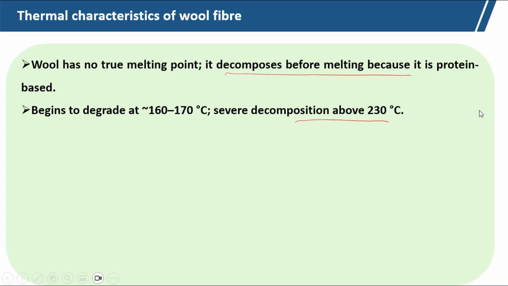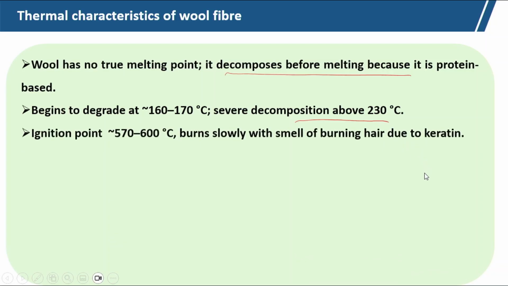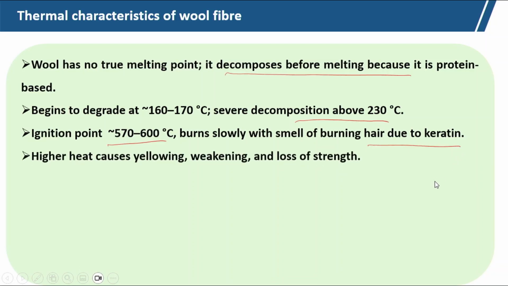So, cotton has a little higher degradation temperature than wool. Ignition point here is 570 to 600 degrees Celsius. It burns slowly with a smell like hair due to the keratin content. Higher heat causes yellowing, weakening and loss of strength like cotton fiber.